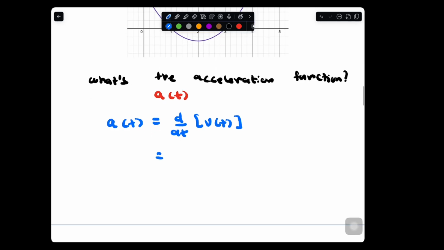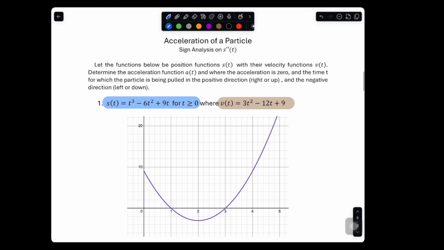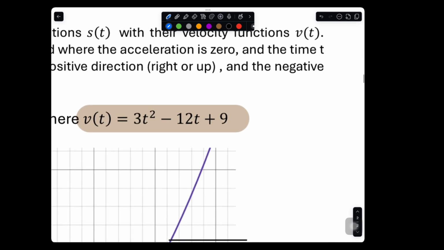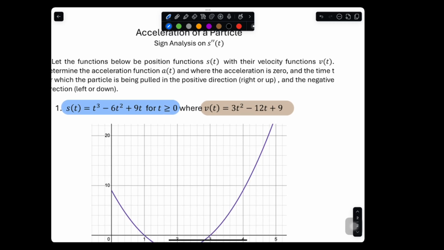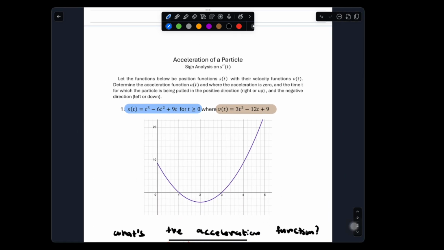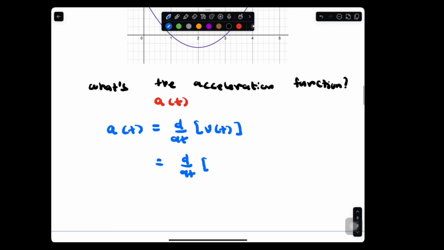Since you already computed the velocity function, I even included it here as a reminder. It's 3t squared minus 12t plus 9.